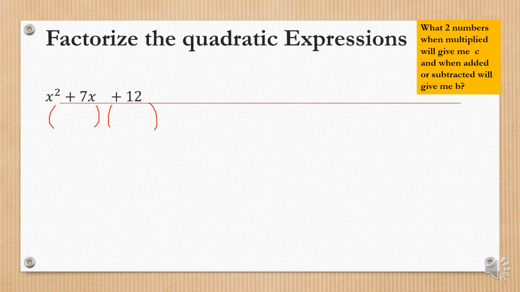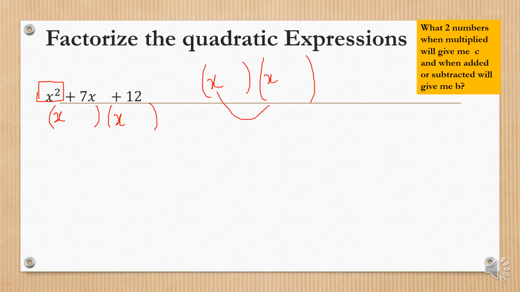Let's begin with the first term. What is going to give us x squared? Let's factorize this quadratic. X multiplied by x. If we remember when we were doing binomial expressions, and please don't look at this tutorial if you didn't look at the others, how do we expand this bracket?